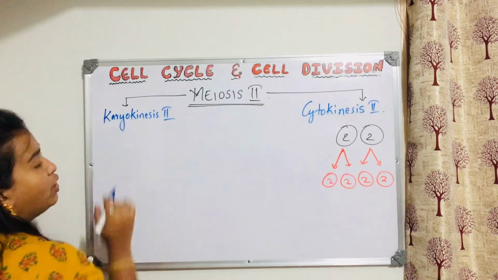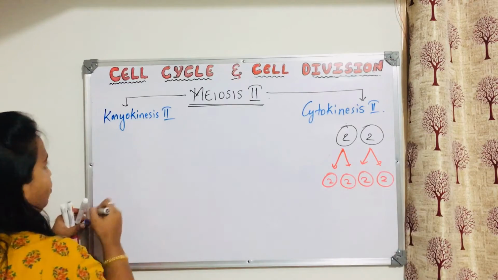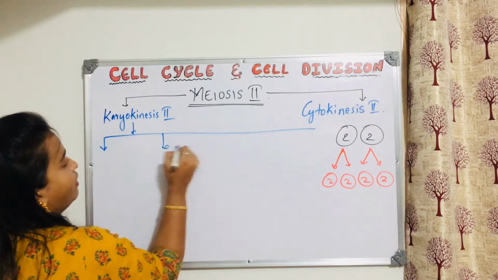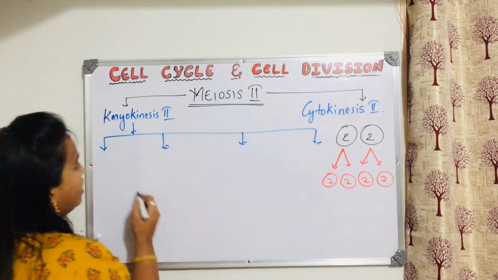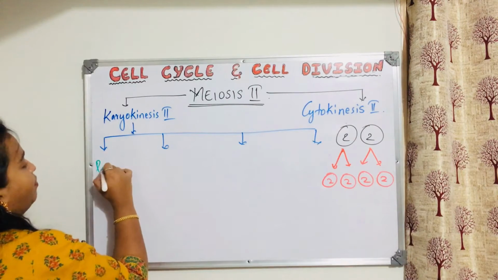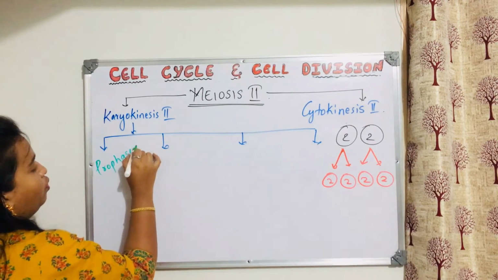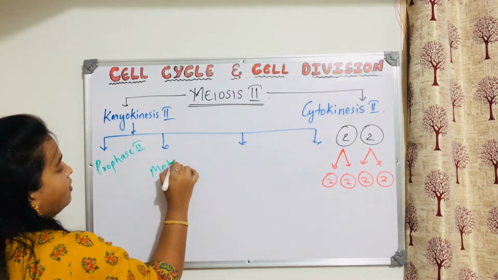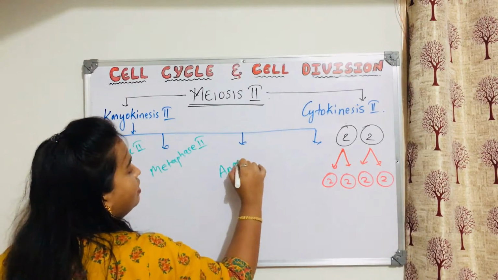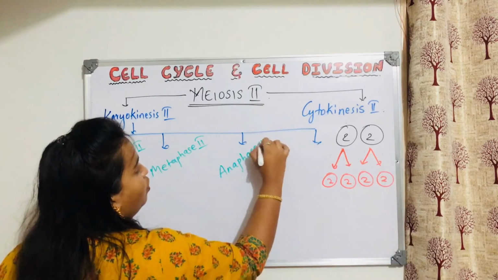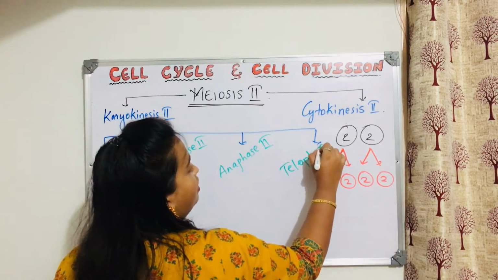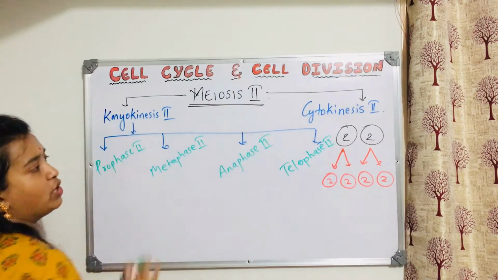And in karyokinesis 2, we again have prophase, metaphase, anaphase, telophase, right? So we have prophase 2, metaphase 2, anaphase 2, and finally telophase 2, and then cytokinesis 2.